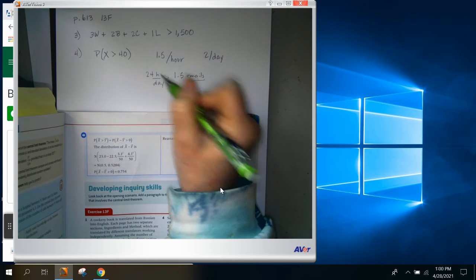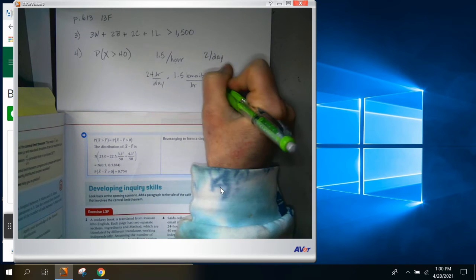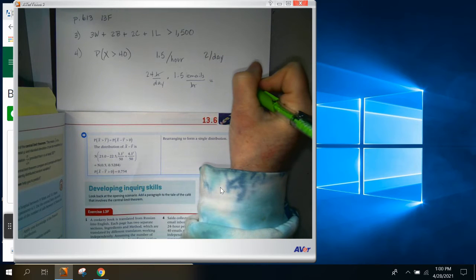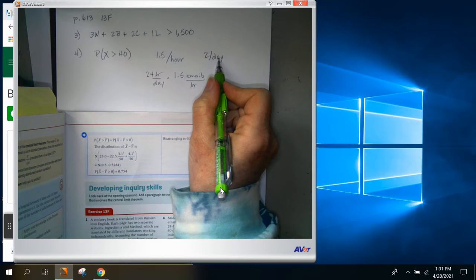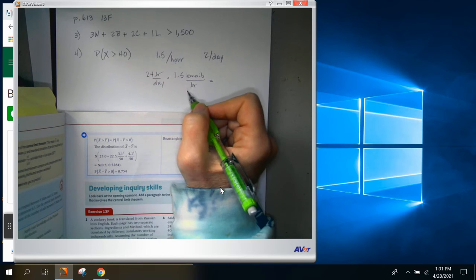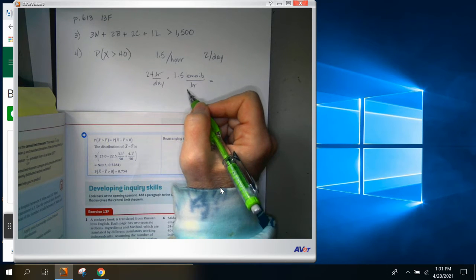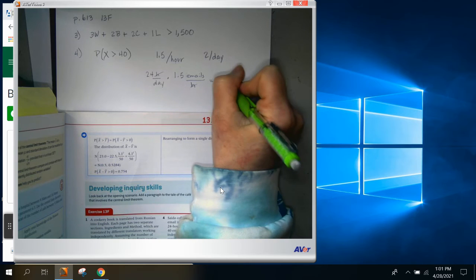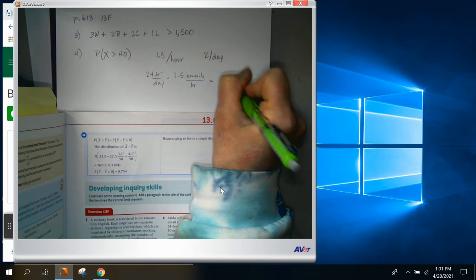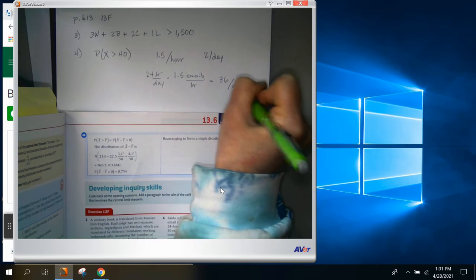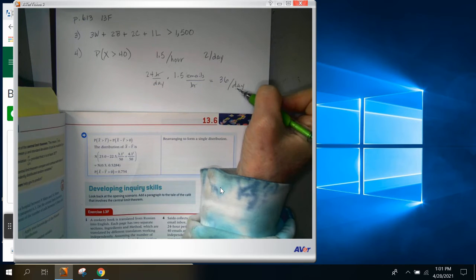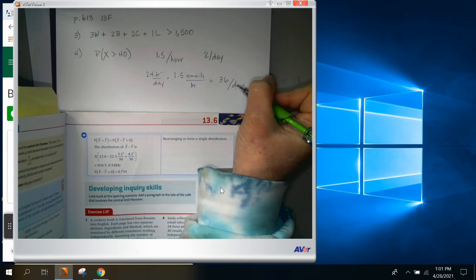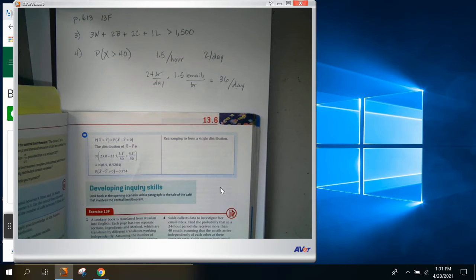Now, if I multiply that together, my hours are going to cancel out, and I'm going to be left with emails per day. So 24 times 1.5 is 36. This gives me 36 emails per day. So now I've got the same time period for my personal emails and for my junk emails.